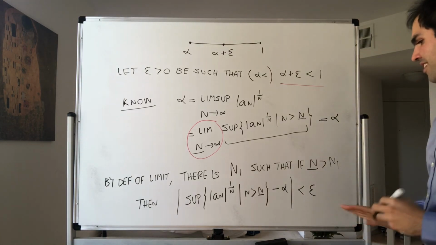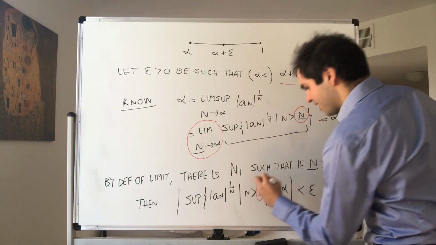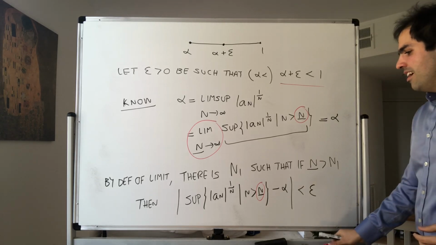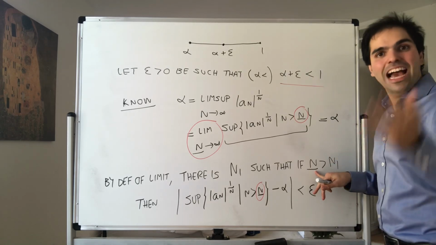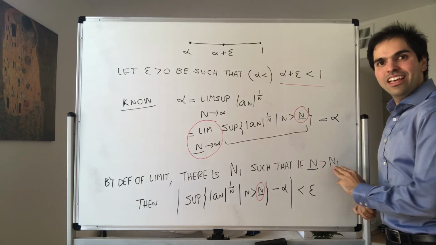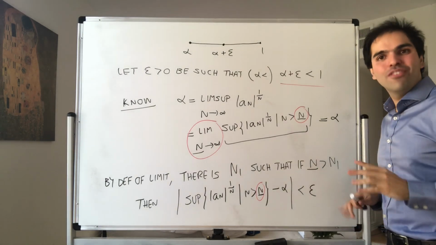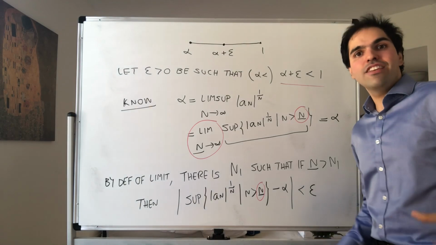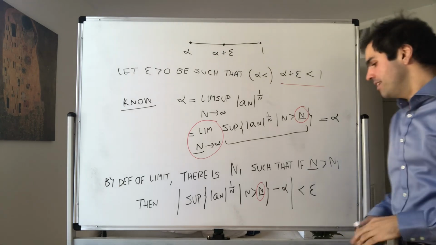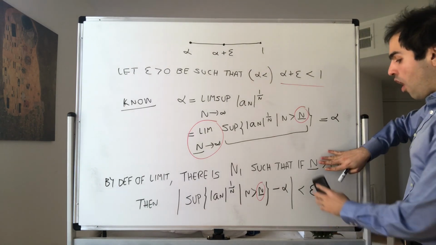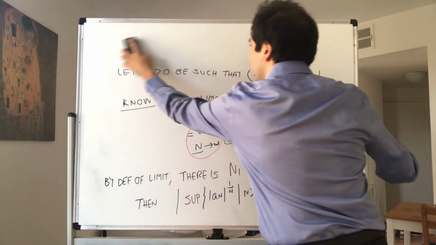Okay, now, here's the thing. Again, this sequence depends on capital N. Look, if this is true for all capital N after that threshold, it's definitely true for at least one capital N after that threshold. For instance, if everyone in the class passes, then you pass as well. So if it is true for all capital N, it is in particular true for one of the capital N's.